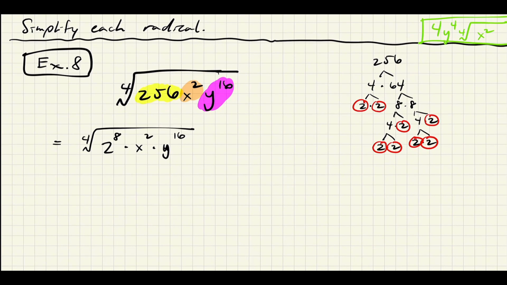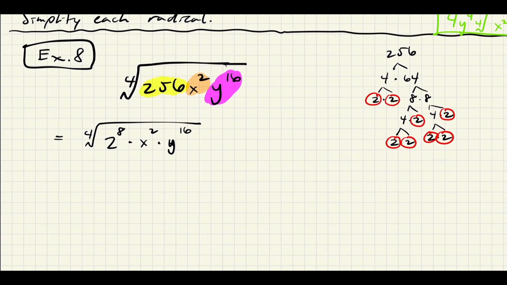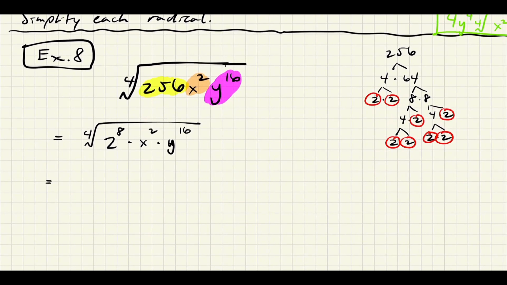So if I have 8 2s, how many pairs am I going to have? 4, right? So that means 2 to the 4th can come outside. None left over. How many groups of 4 x's am I going to have? Not enough. I don't have enough x's. I only got 2, so that means those 2 got to stay inside.